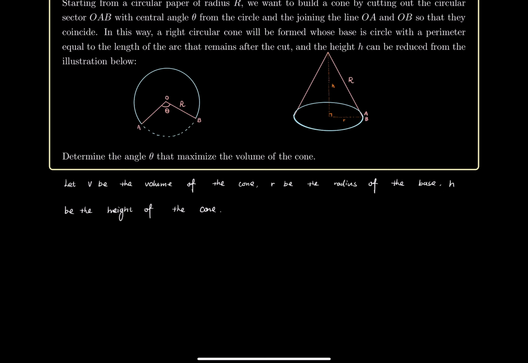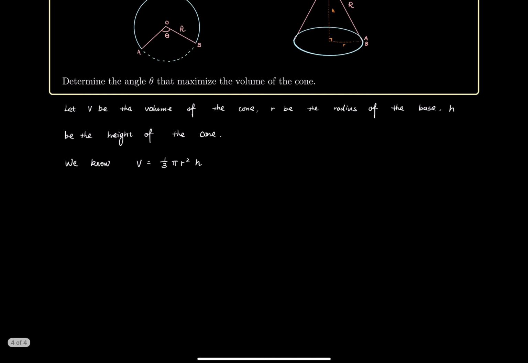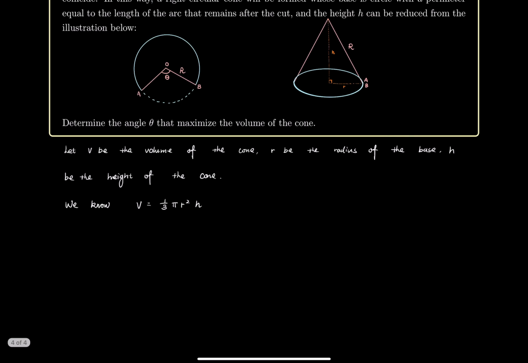We already know that the volume V is 1/3 pi r squared times h. Okay, so this is what we know, but there are many things we don't know, so let's find the relationship between the other variables, between r, this h, this r, and this theta.